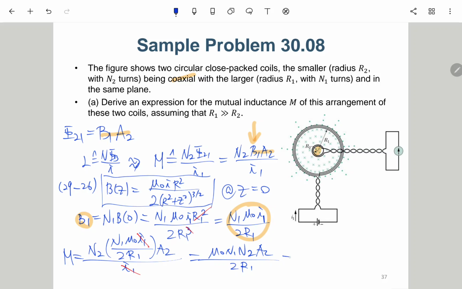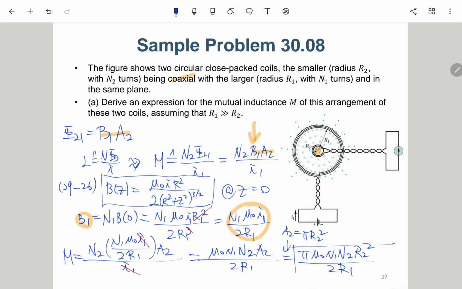And we also like to have A2 to be pi R2 square. Okay, so this is a circle. So the cross-section area for the second coil will be pi R2 square. Plugging it to here, it turns out to be pi, put it in the front, and then we have mu 0 N1 N2, and then R2 square over 2 R1.